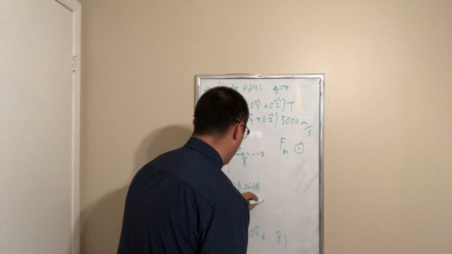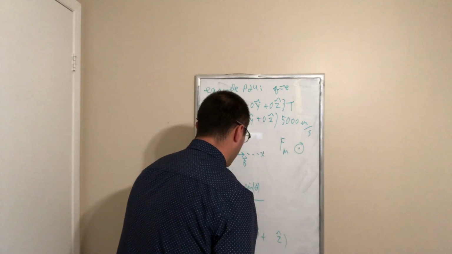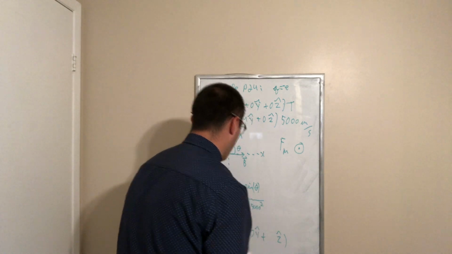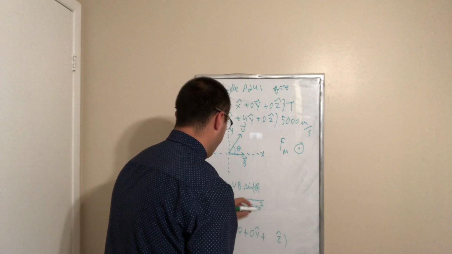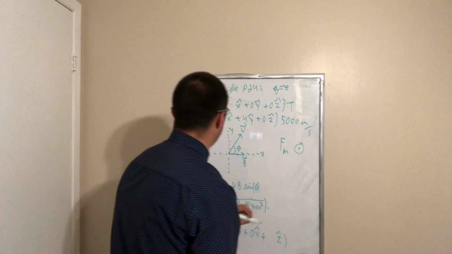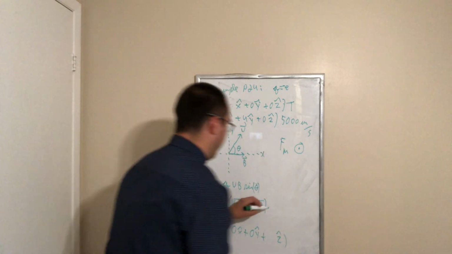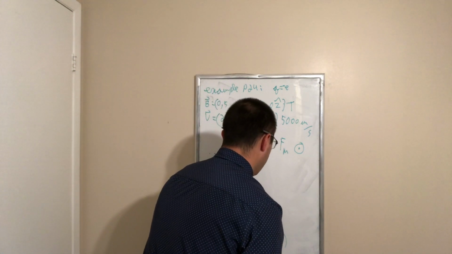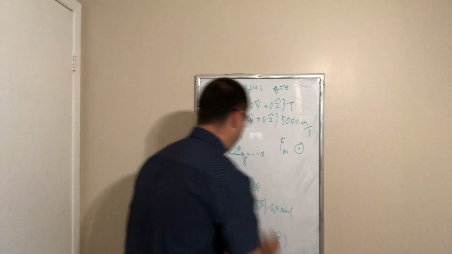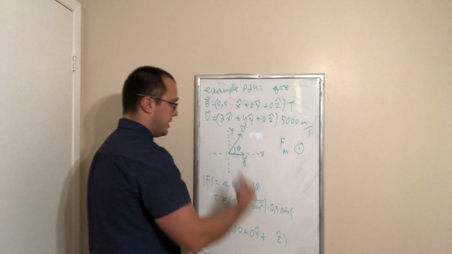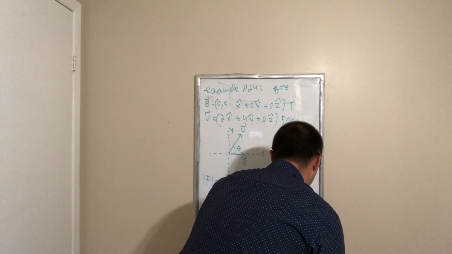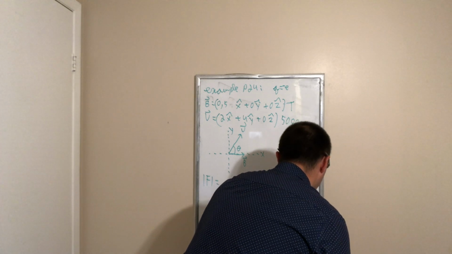multiplied by, we need to take into account the 5,000 also. So 5,000, okay, multiplied by the magnetic field. The magnitude of the magnetic field is 0.5. Sine of the angle theta, and that will be the inverse tan of 4 over 2 right here.